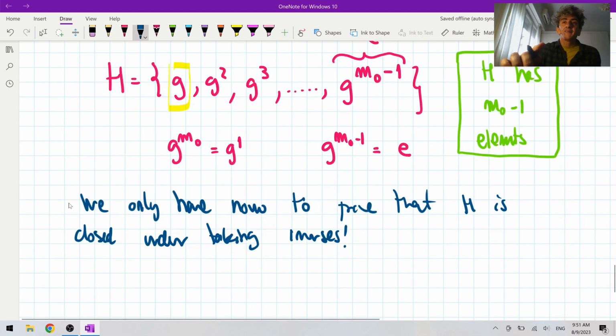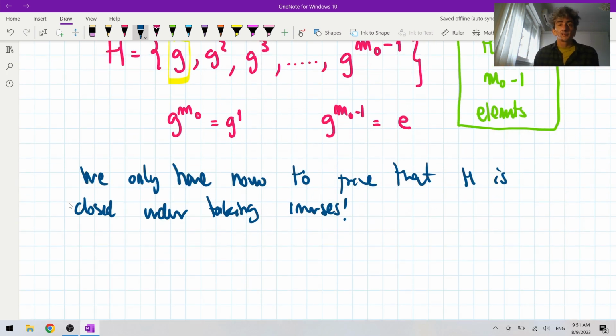And that's easy because if I have a power of G, say G to the K, then producing the inverse of G is going to be easy.